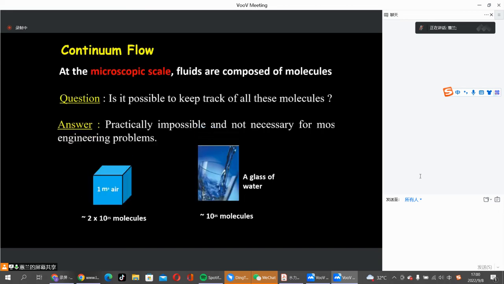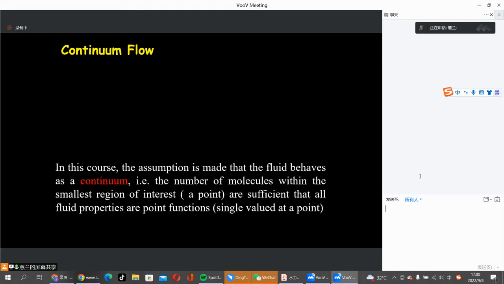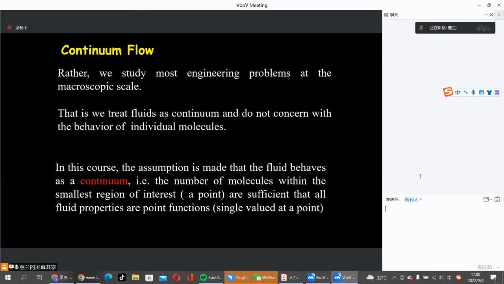And we also introduce a very, very important assumption: continuum flow. We assume that the fluid is continuous, the fluid as a continuum. What does that mean? It means in this fluid mechanics or hydraulics course, we don't study a molecule.